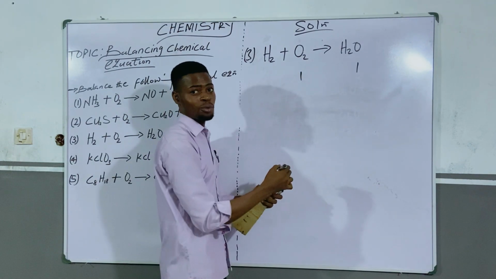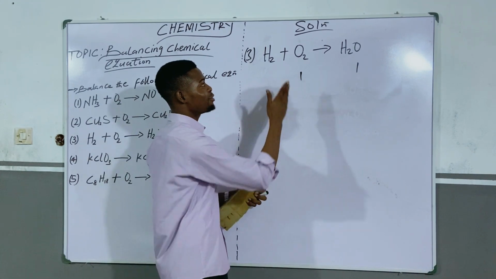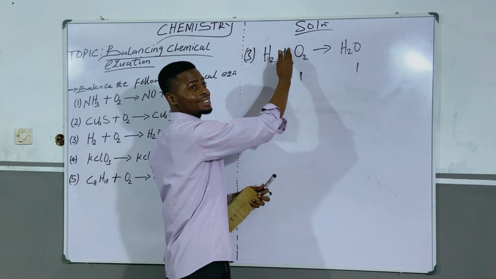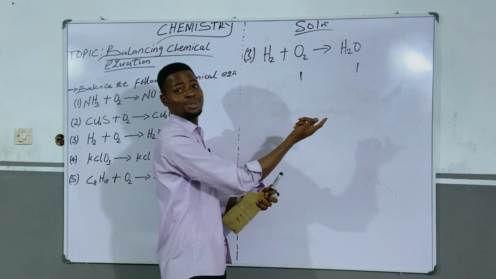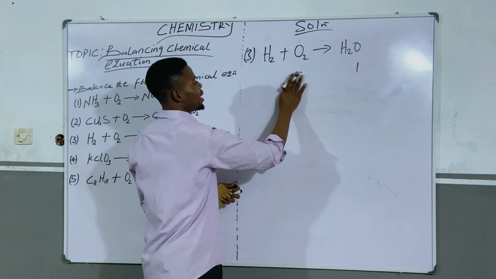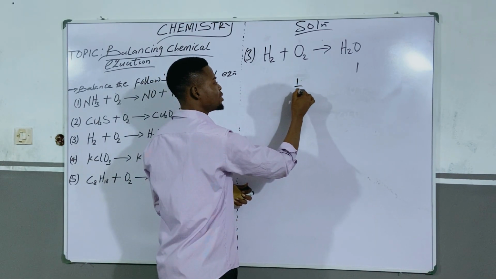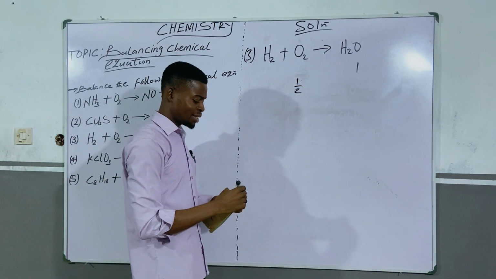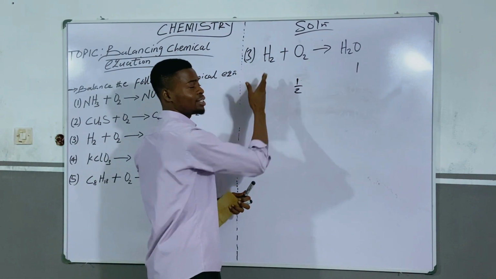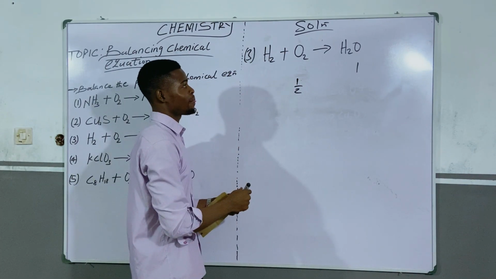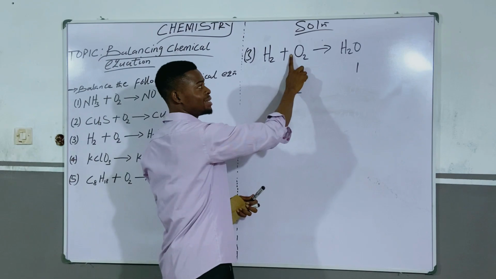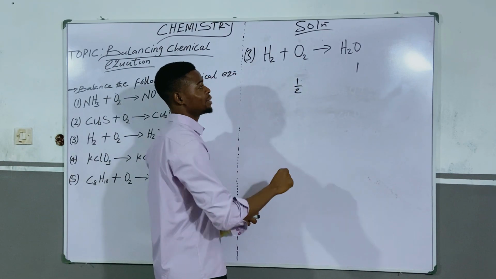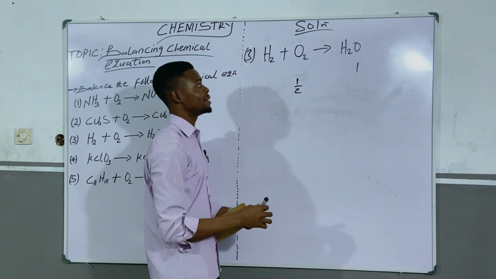That means we multiply with 1 and put it over 2. So 1/2 is the fraction we are going to place as the coefficient of oxygen to balance it, because we need only 1 oxygen to balance the 1 oxygen at the product.